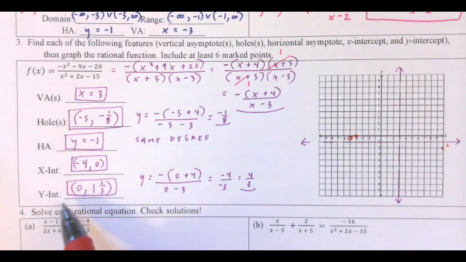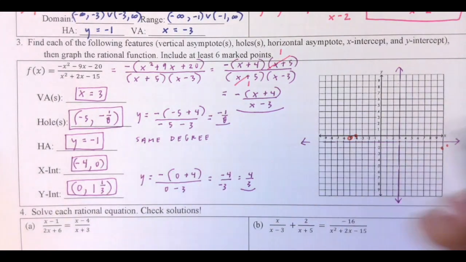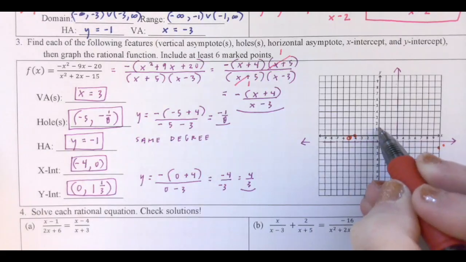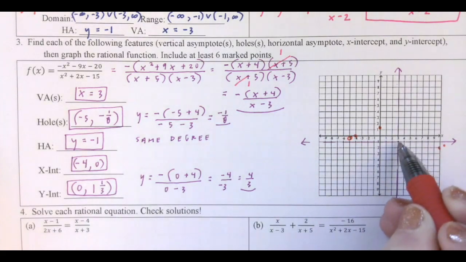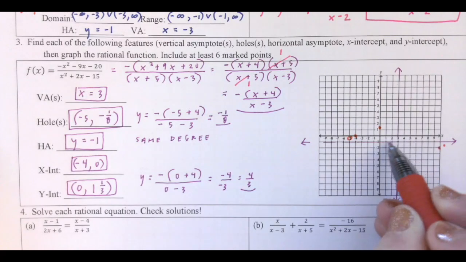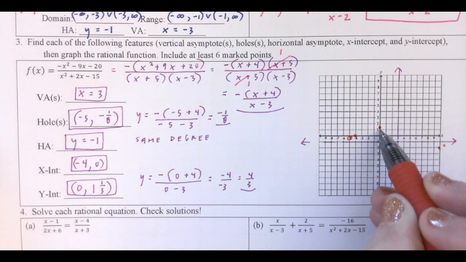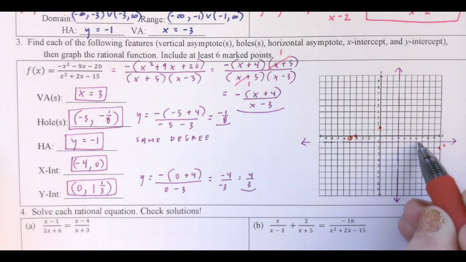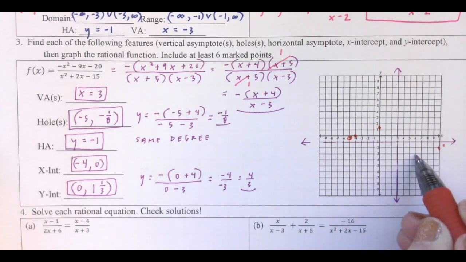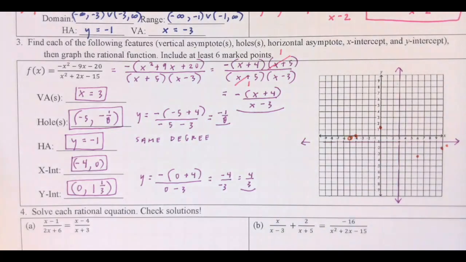Then I have the y-intercept (0, 1 1/3), which puts me right here. From where the asymptotes cross, that's left 3 and up 2 1/3, so I need to go right 3 and down 2 1/3. So about right there.